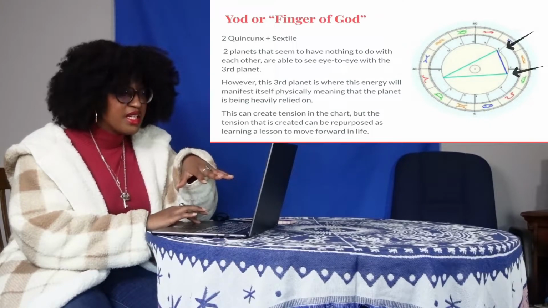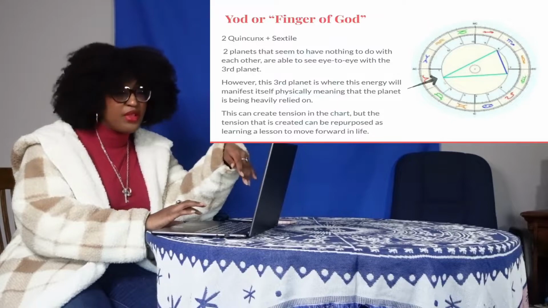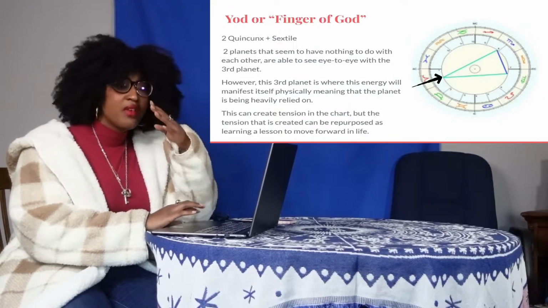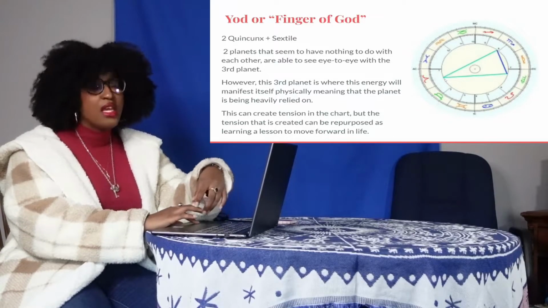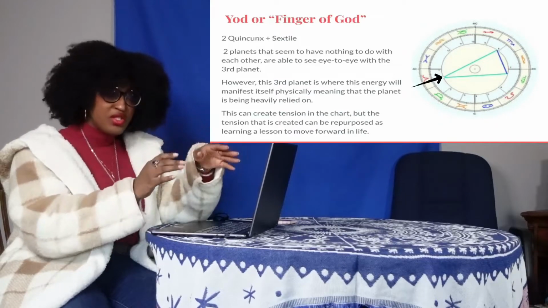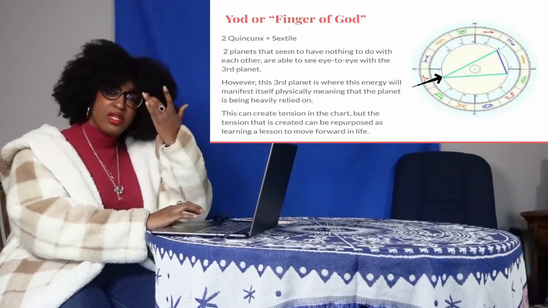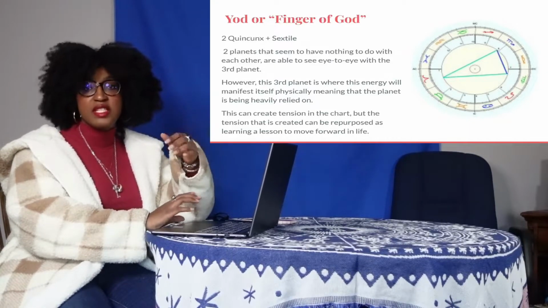So maybe this planet and this planet could be like, hey, maybe we're putting a little too much stress on this planet. Maybe we should think about it. And also, this is another triangle, so therefore this is your point of release, which is the apex, which is very interesting because the planet that is having a problem with the 2 other planets is releasing this energy.